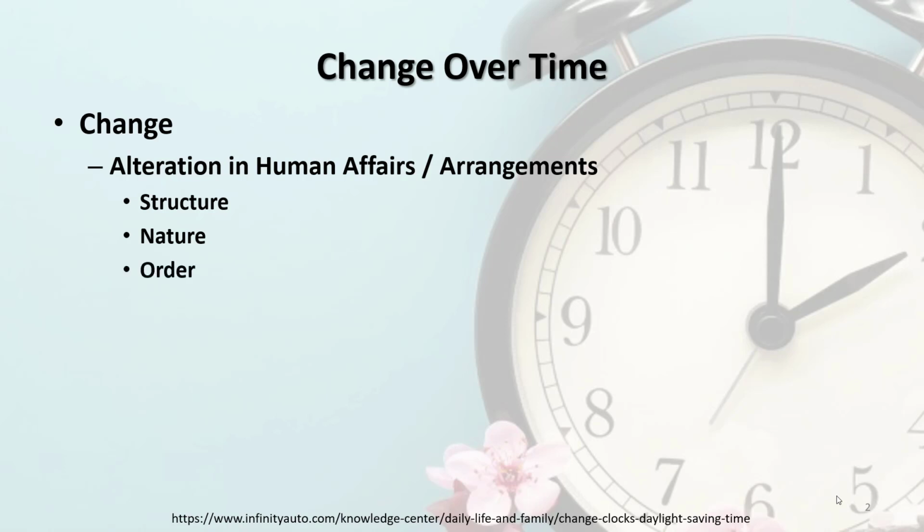A third is how humans have altered the order of their arrangements. Order means the sequential sorting of human affairs or ranking them by importance. It also means something much less concrete: how one set of arrangements evolved into another set, or how a new set replaced an older set.